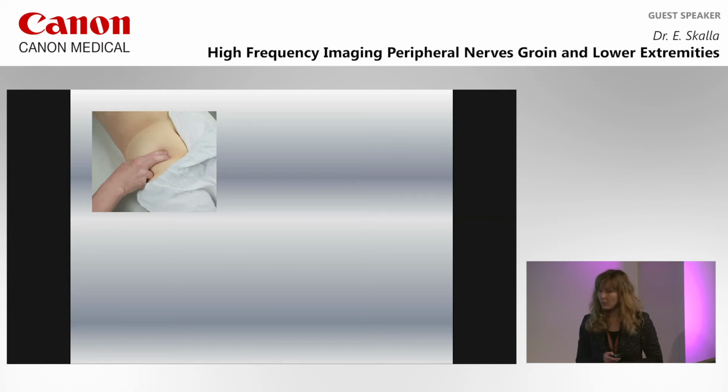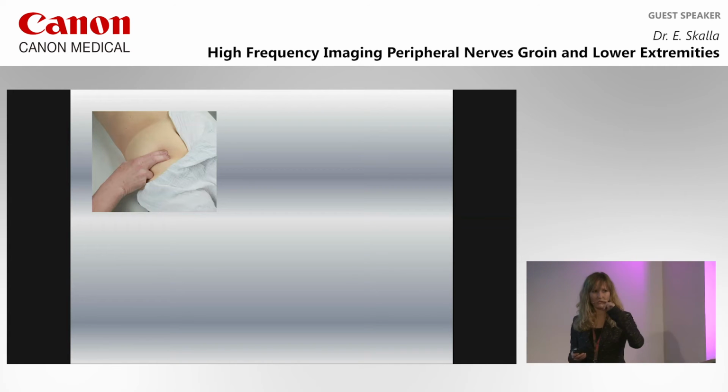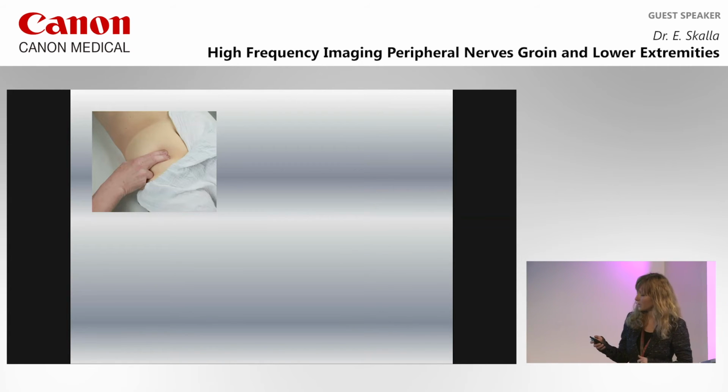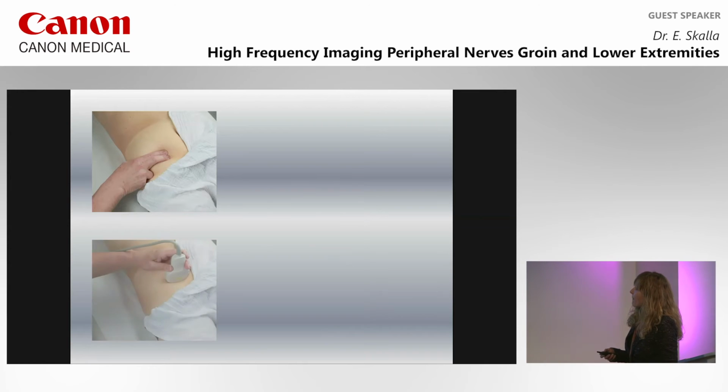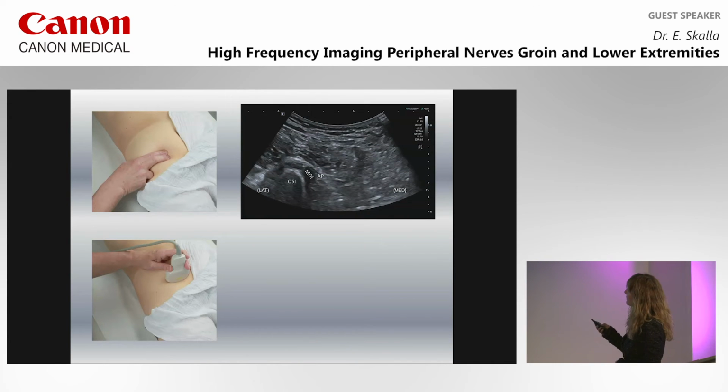External landmarks are once again the ischial tuberosity. You palpate it and you put the probe just 1 to 2 centimeters proximal to it on the skin. Once again, a curved probe for the penetration, and you get this picture. So this is the lateral and medial side.